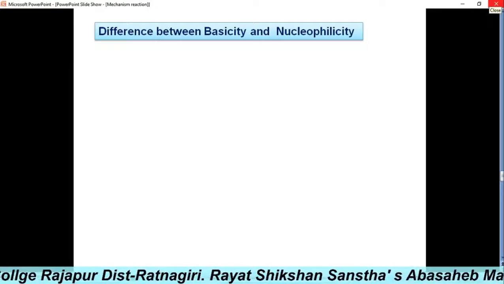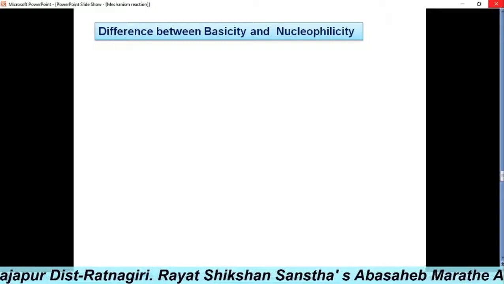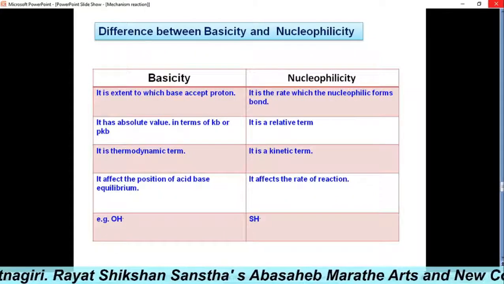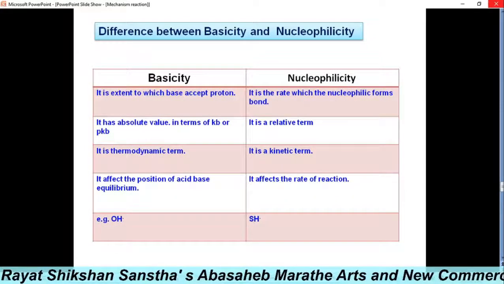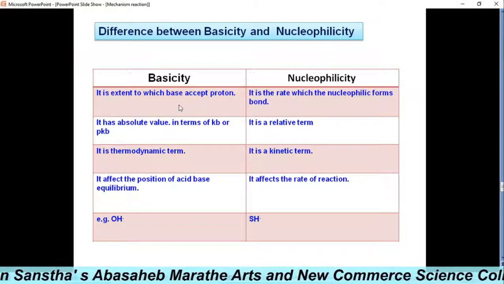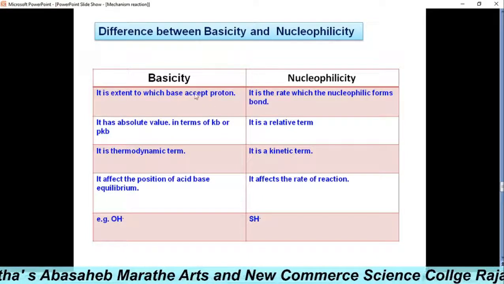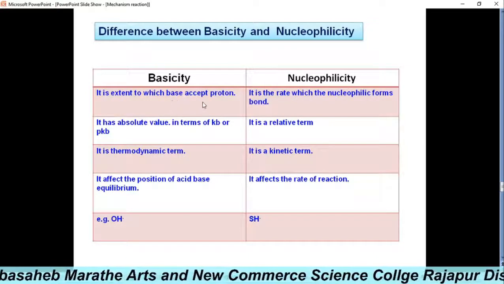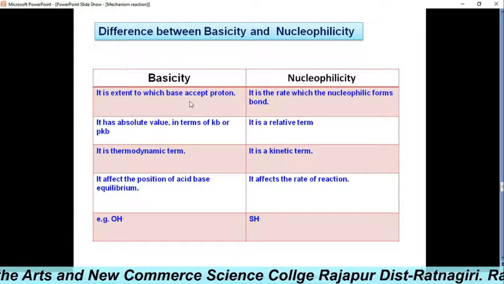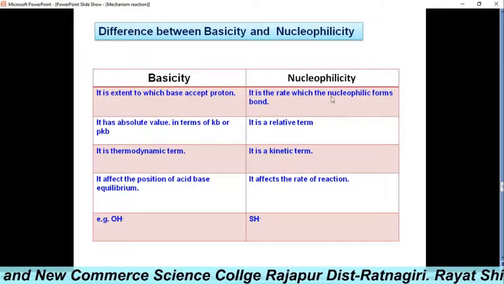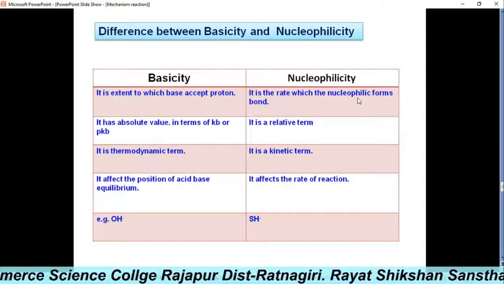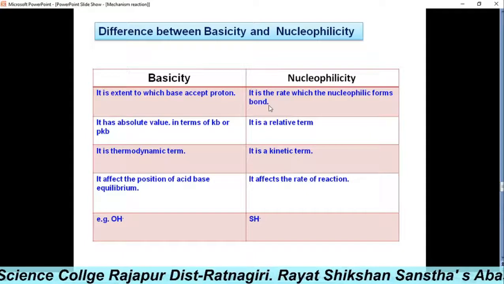Next point, we are going to see the difference between basicity and nucleophilicity. The first difference: what is basicity? Basicity is the tendency of a base to accept a proton. Nucleophilicity is the rate at which the nucleophile forms a bond with the substrate.